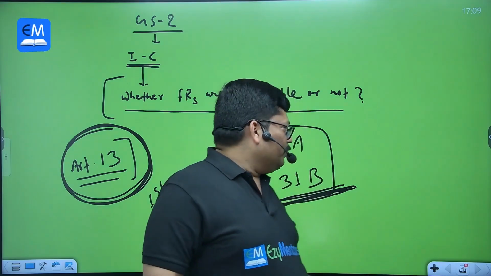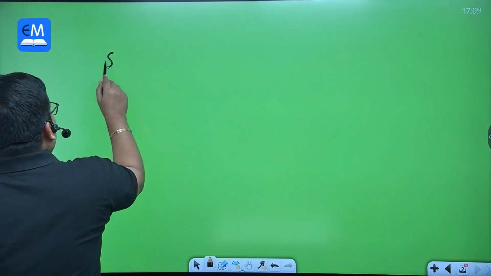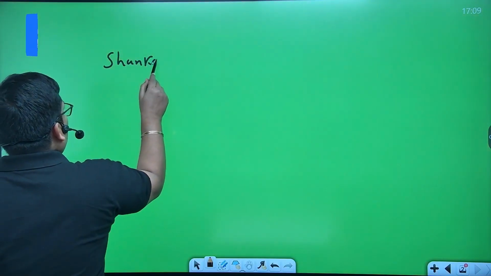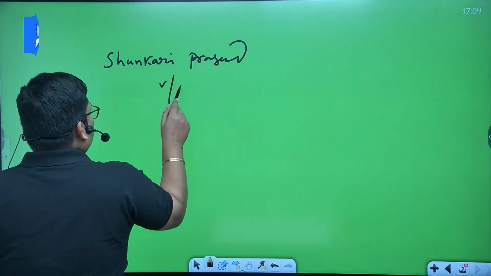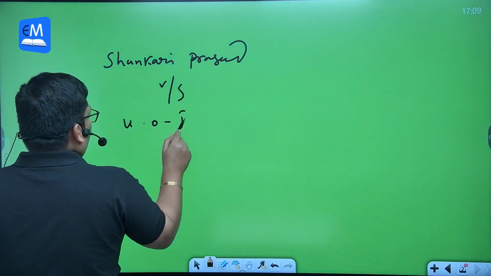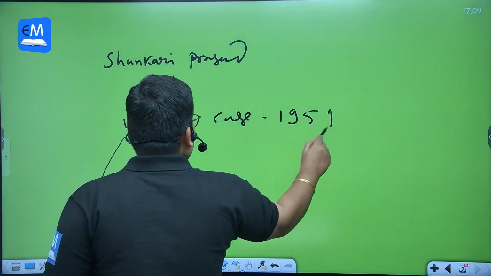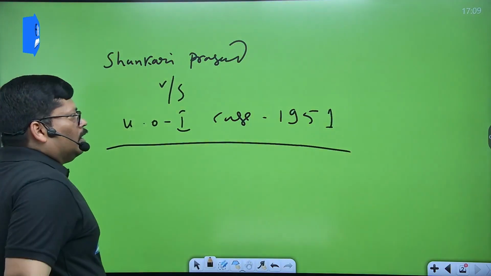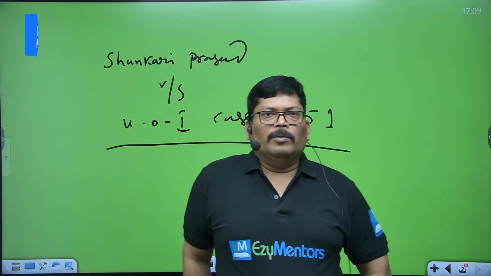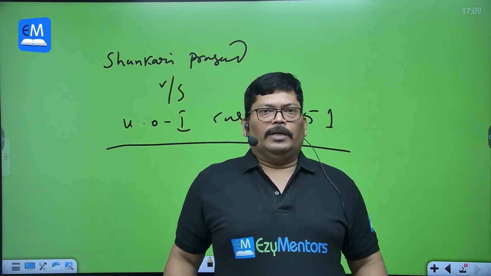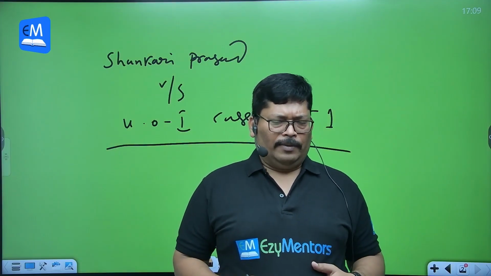So, for the first time, through a particular case law, namely Shankari Prasad versus Union of India, 1951, the Supreme Court clarified the powers to be enjoyed by the Parliament of India.